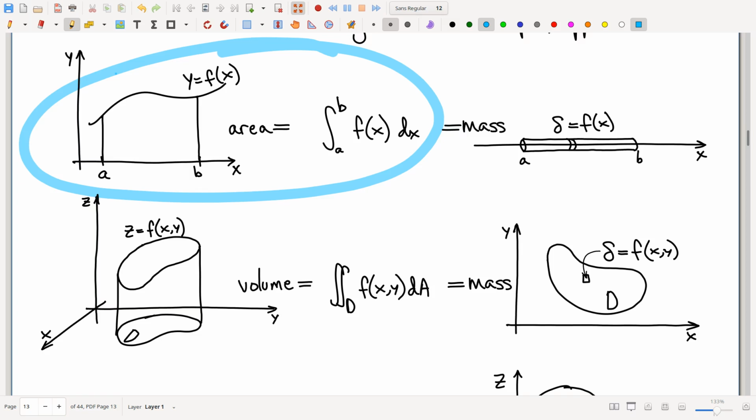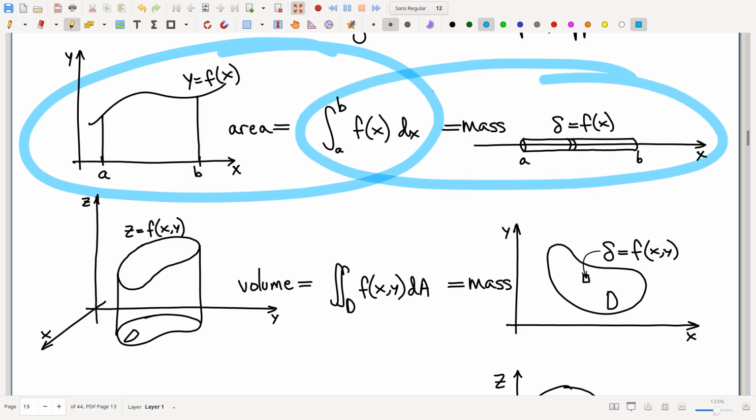Y'all have heard me pitch a few times this idea that it also can be thought of as an accumulation of stuff, whatever the quantity is, some sort of an accumulation that happens over an interval from A to B. And we just need to know what is the stuff per unit length along the interval so that on any given little piece we can make sense out of it.